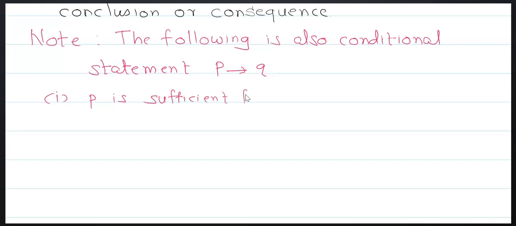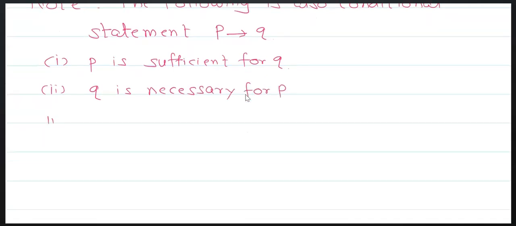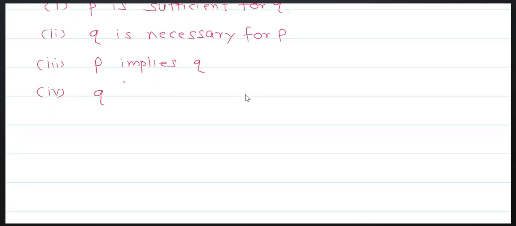It is asked in the CET exam and JEE exam. P is sufficient for Q. Q is necessary for P. P implies Q. Q follows from P.